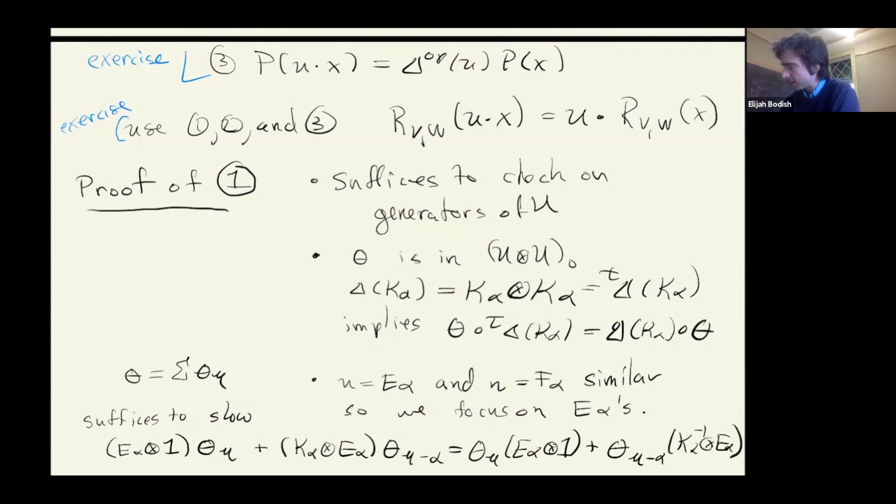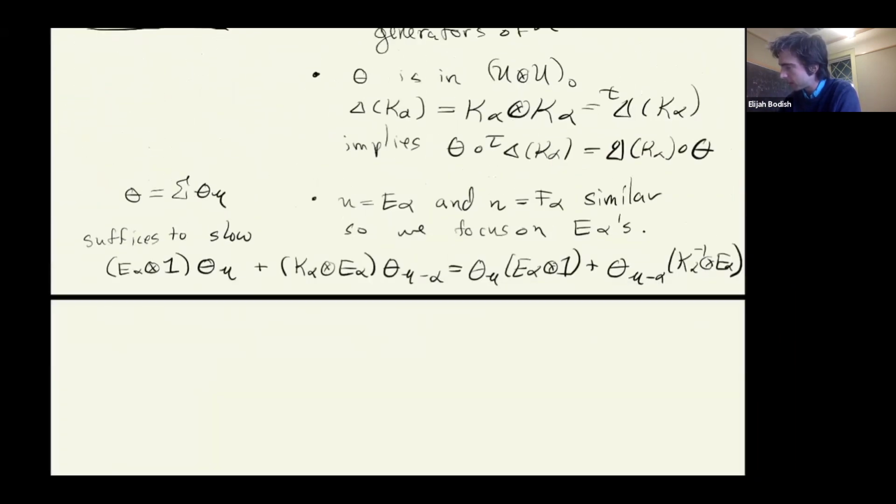So let me comment on this equation. Sorry, my pad just froze for a second. So this is what we will show. This is sufficient because, well, theta is this sum over theta mu's.